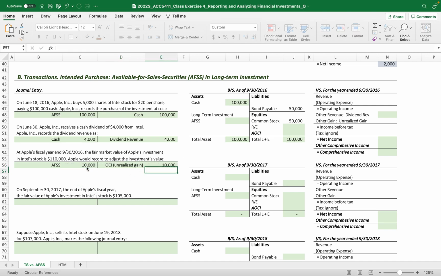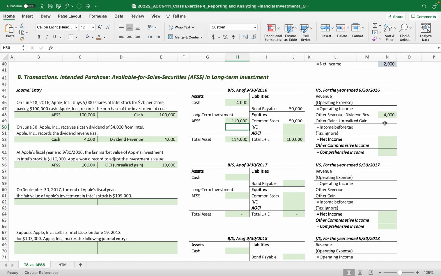Okay, so let's record AFS $100,000 original cost, cash out, and then cash up when the company received the dividend. Then dividend is actual business activity for reported income in the other revenue, and then AFS increased by 10,000, right? And then here is the point.